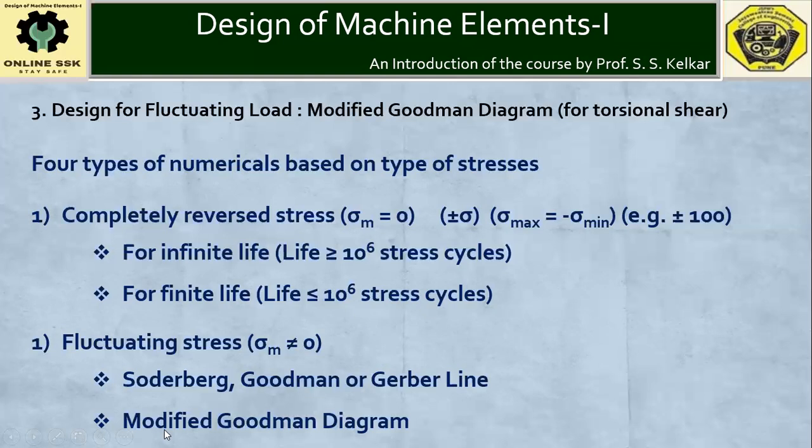But in today's discussion, the fluctuating stress will vary from tau max to tau min, which means it will be of torsional shear nature. In such a case, how to use the modified Goodman diagram as applicable for torsional shear, that we are going to discuss today.